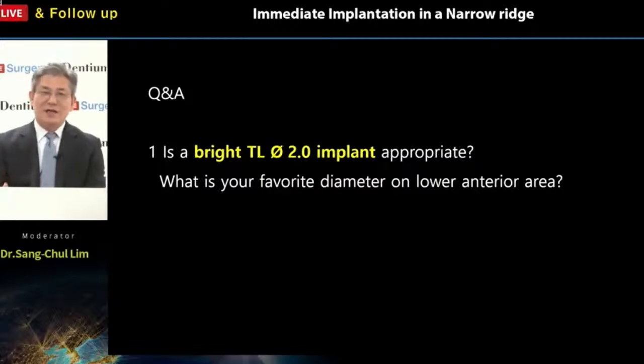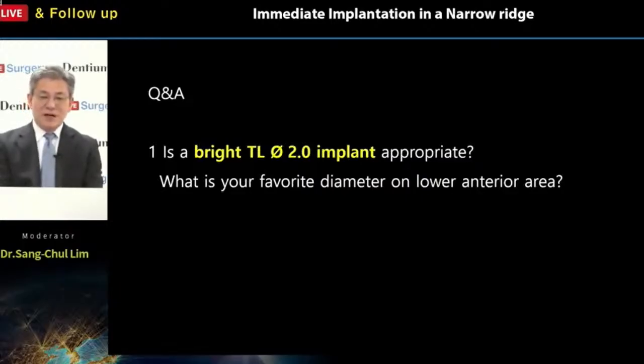So nowadays, the simpler bone grafting, simple implantation, and easy prosthesis concept is prevailing, right? So 2.0 is appropriate and the best choice for this lower anterior patient.